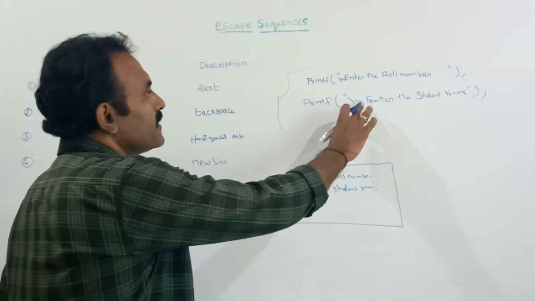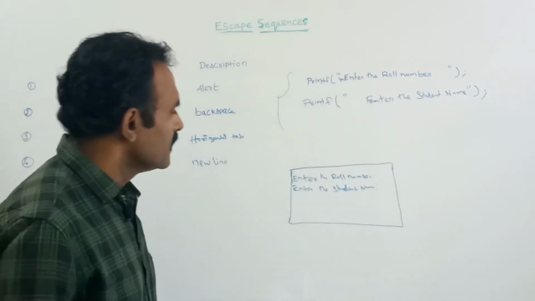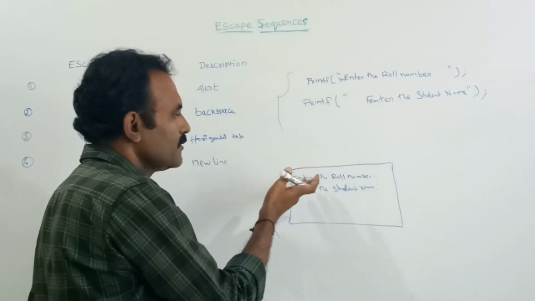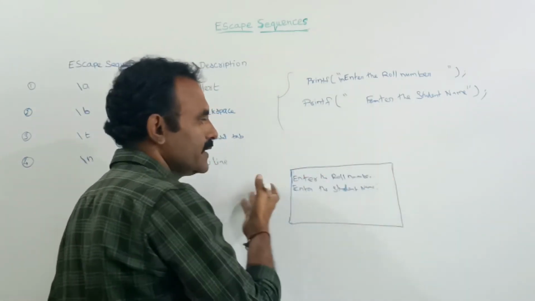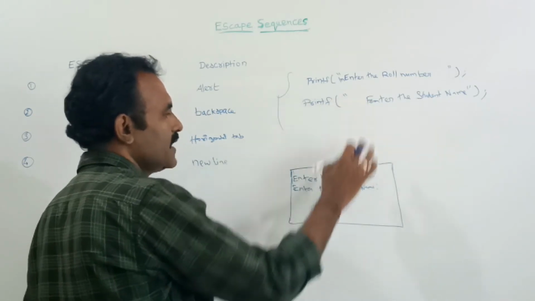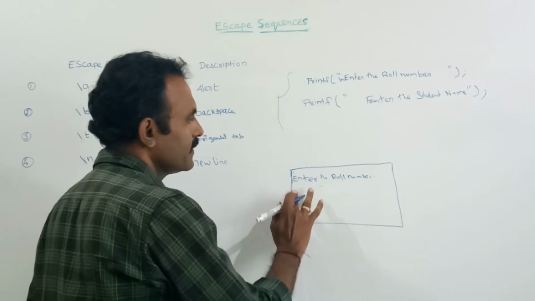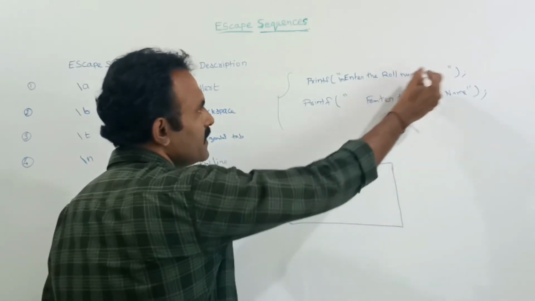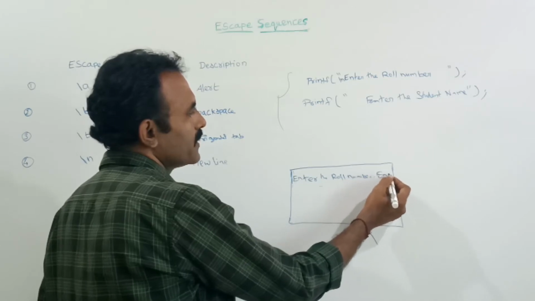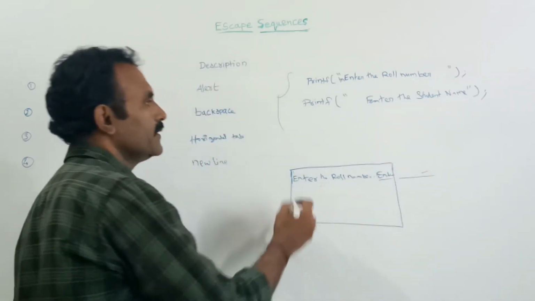Suppose I am not giving this \n, then instead of printing in the next line, it will continually print in the same line. See, if I am not using \n, the student name will be displayed here, after enter the roll number, in the same line.